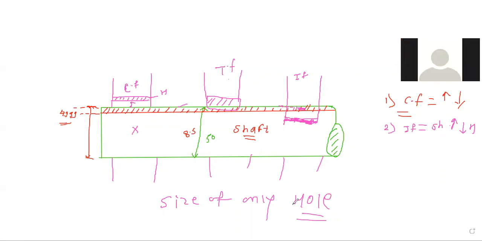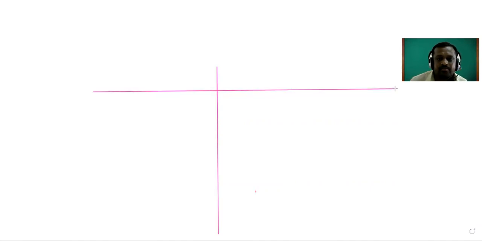Yes, sir. Okay, so we will write down here the difference between the shaft based system and the hole based system. So you have to tell me the difference here.